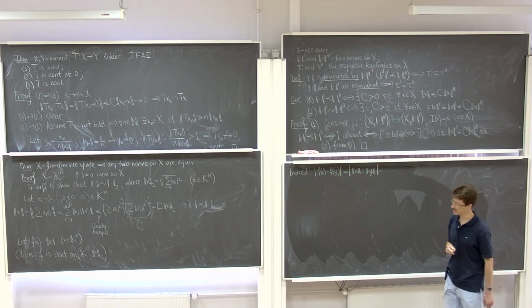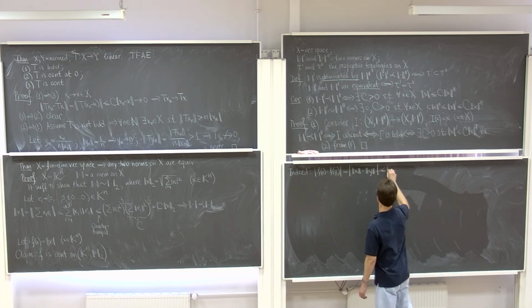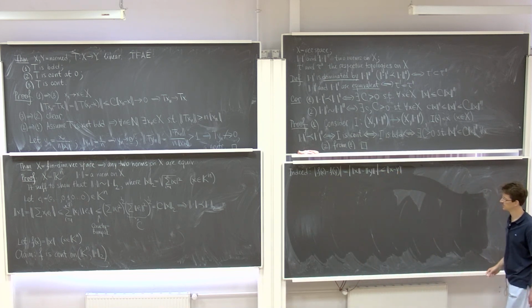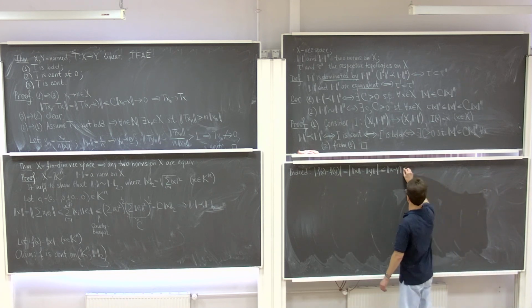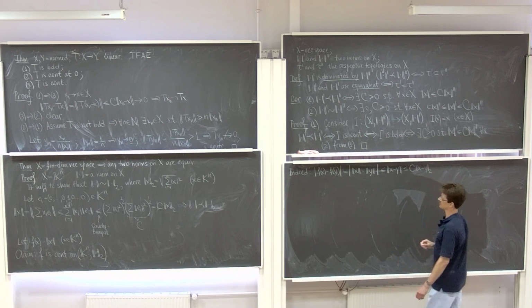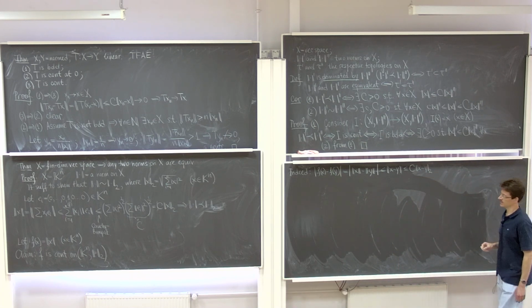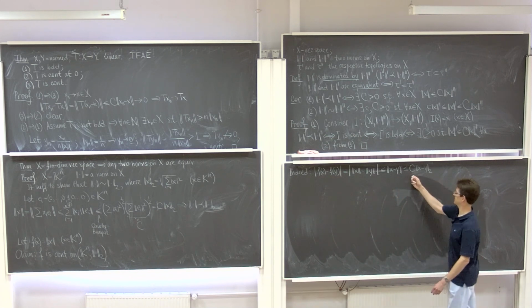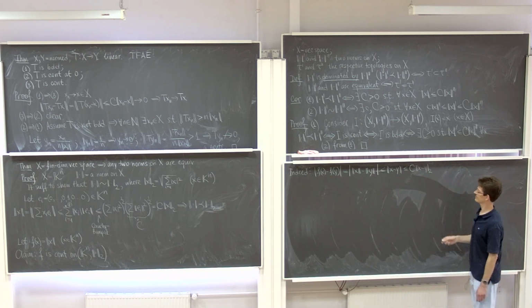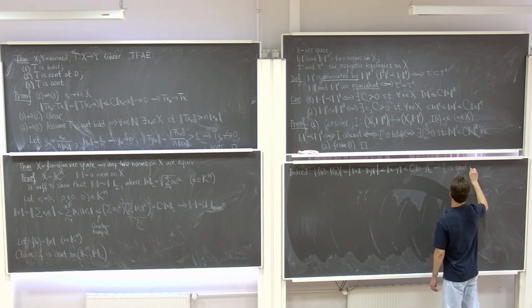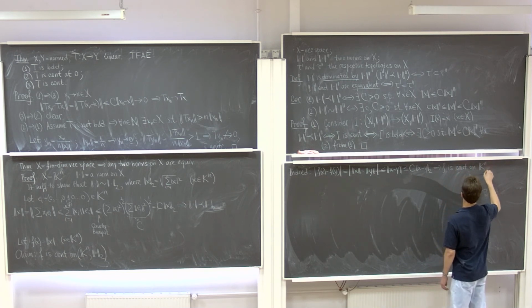And the triangle inequality implies that this is less than or equal to the norm of x minus y. This is an equivalent form of the triangle inequality. But we already know that this is less than or equal to c multiplied by the Euclidean norm of x minus y. In other words, we see that f is a Lipschitz function. And this implies that f is continuous on K^n equipped with the Euclidean norm.